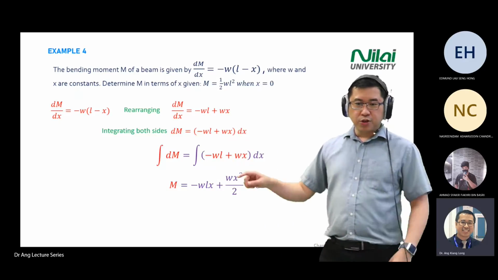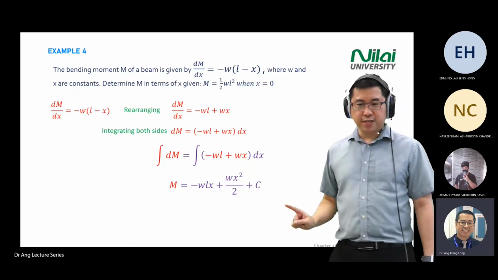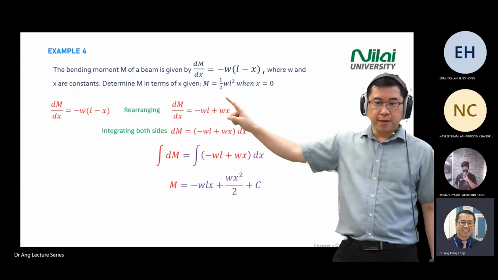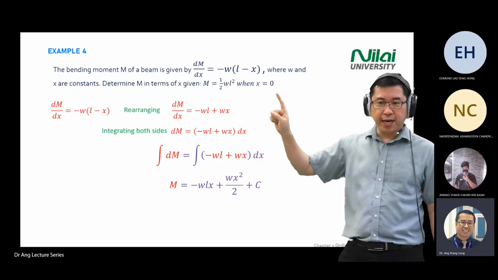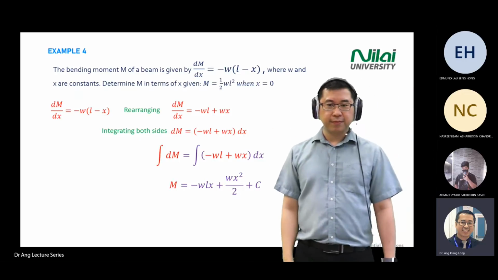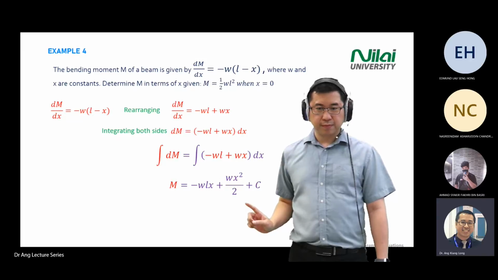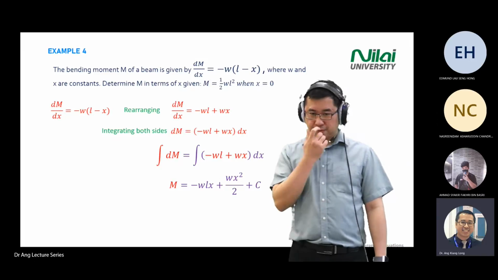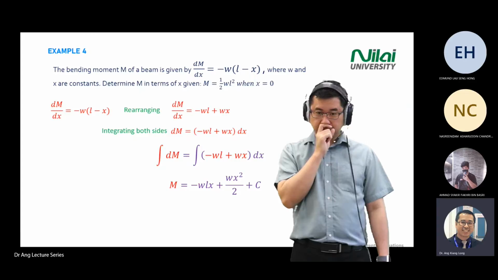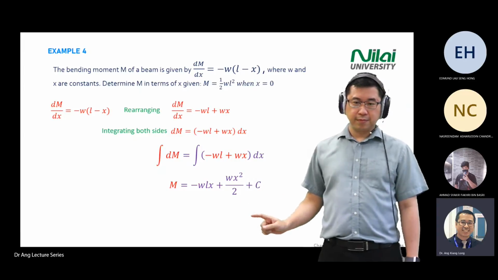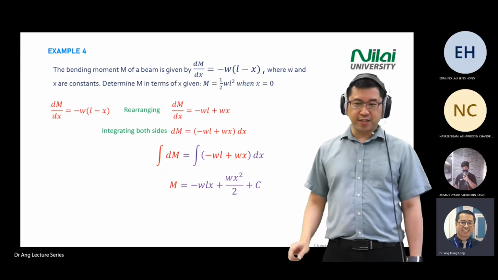Shakil, can you try to solve this question? Can you try to solve what is c by substituting m and x? 1/2 WL square equals negative WL 0 plus W0 to the power of 2/2 plus C. So what is your c?